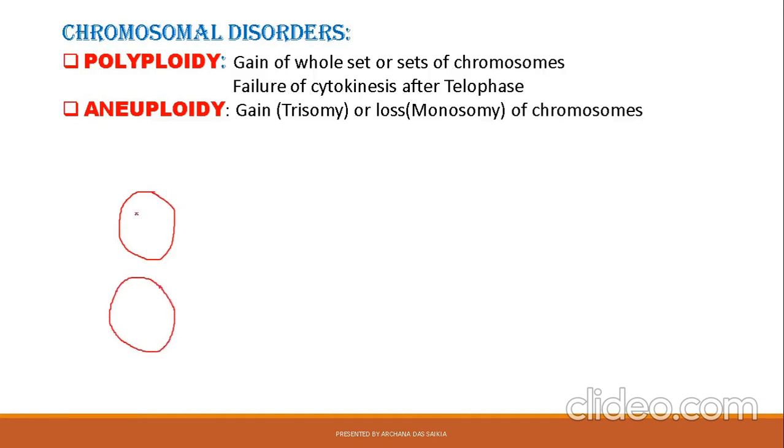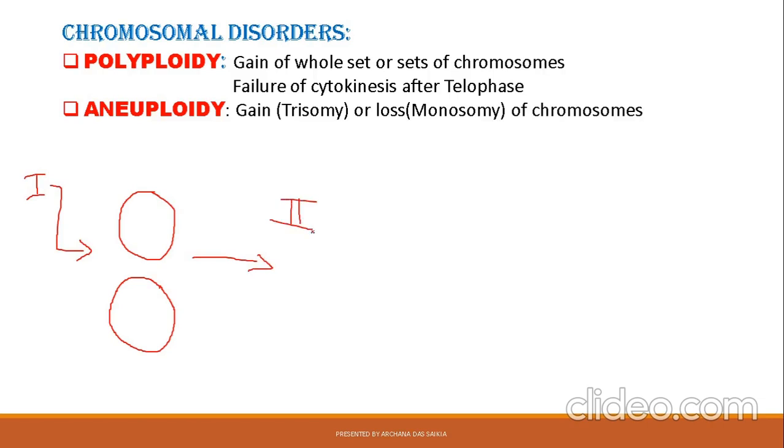At the end of meiosis 1, what do we get? We get a haploid number of chromosomes in both the 2 daughter cells. Meiosis 1 has already completed. Now dyads have been formed, which is proceeding towards meiosis 2.